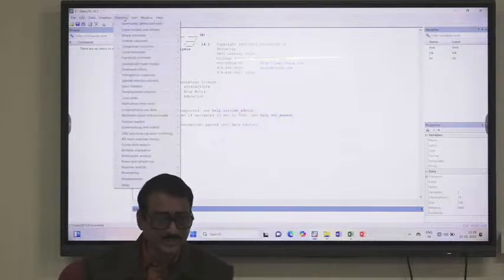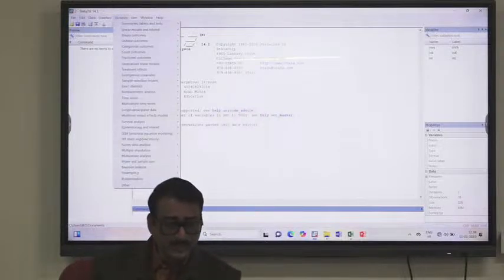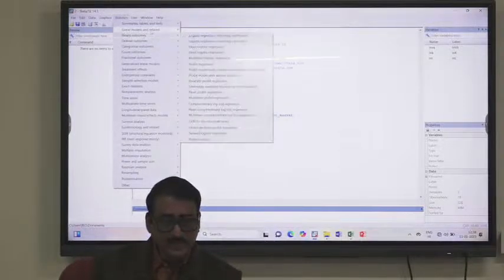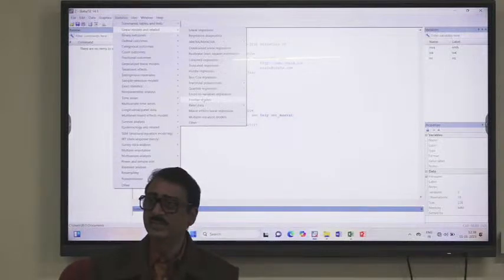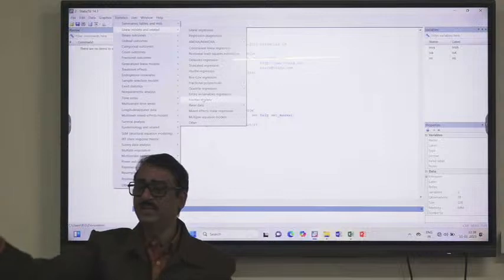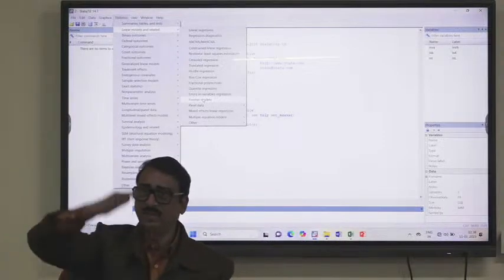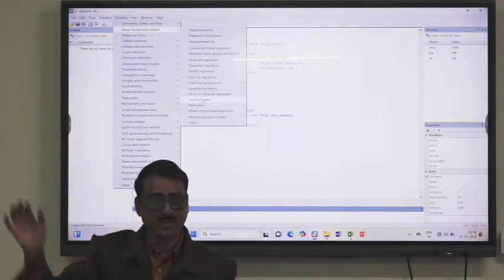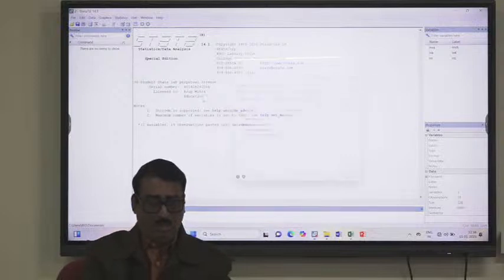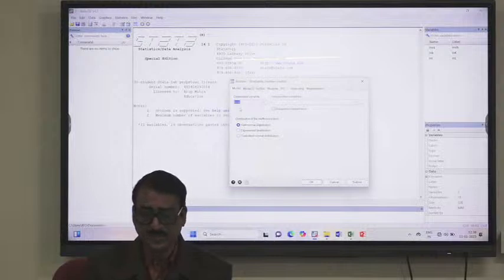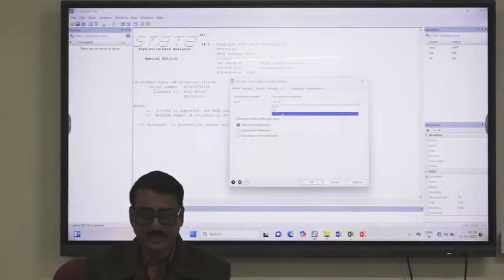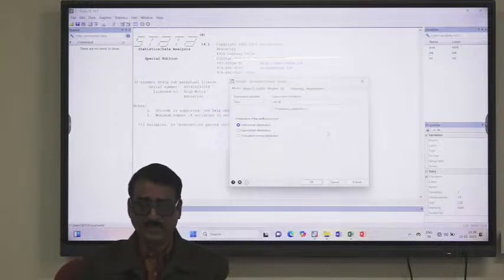So I go to statistics, and then what I do is frontier models. Frontier models would mean that there is a frontier. For each level of input there is a maximum level of output. So it is asking me what is my dependent variable. Log value added is my dependent variable. Log of capital and labor are my independent variables.